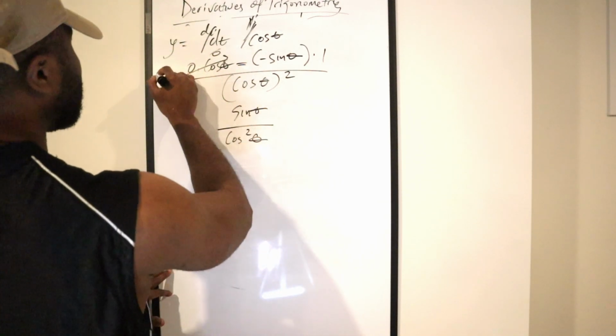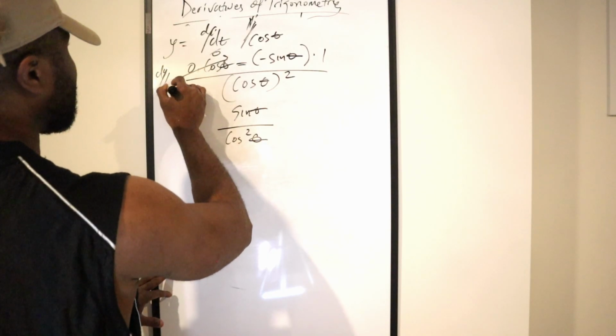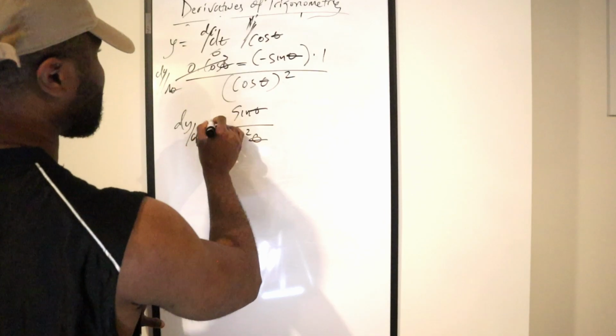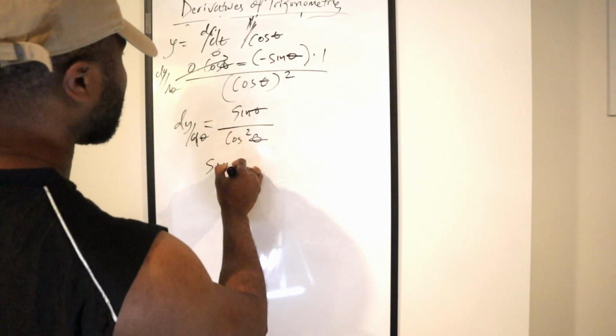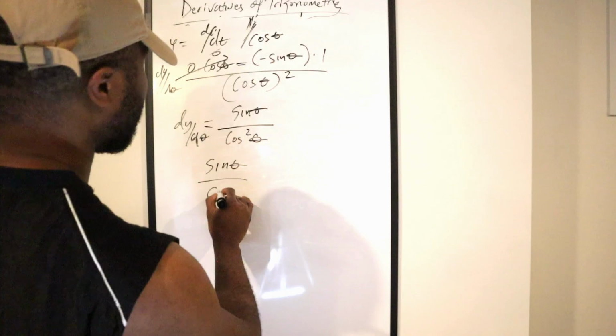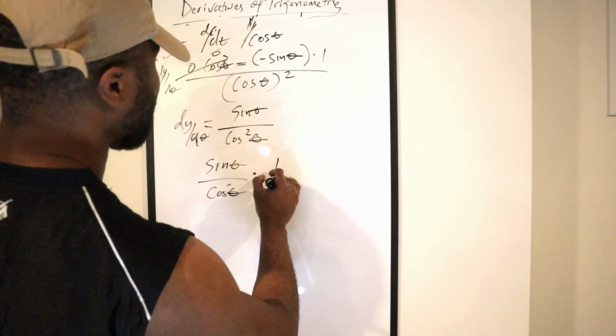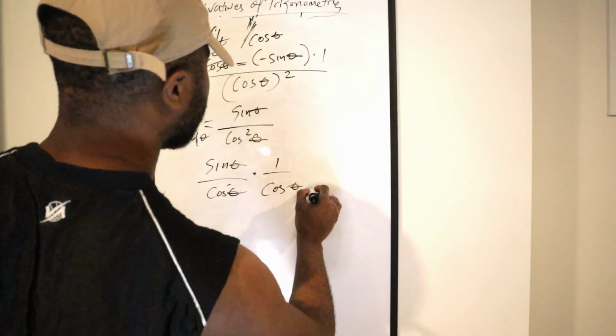And we can break this down further. So sine theta divided by cos theta times 1 over cos theta.